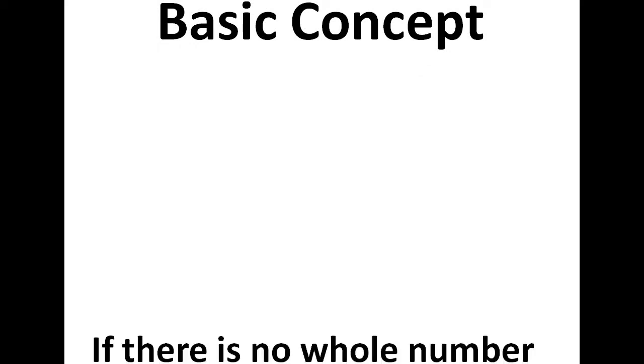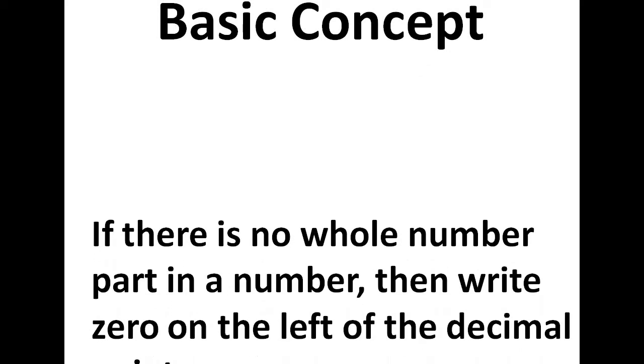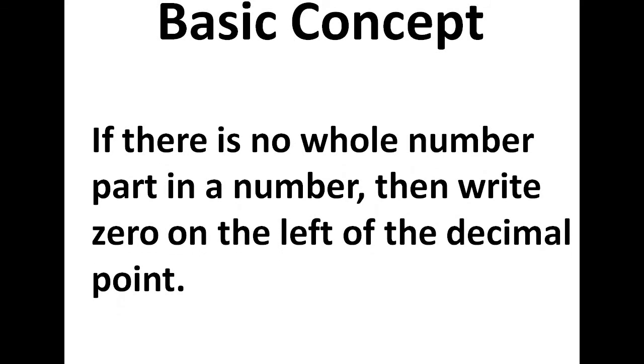If there is no whole number part in a number, then write 0 on the left of the decimal point. For example, if you are having 0.45, there is no whole number part here. So what you have to write?